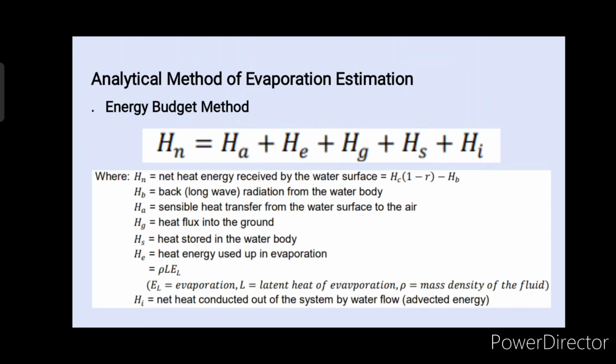So, the formula for the energy budget method: the net heat energy received by the water surface equals sensible heat transfer from the water surface to the air plus heat energy used up in evaporation plus heat flux in the ground plus heat stored in the water body plus the net heat conducted out of the system by water flow.